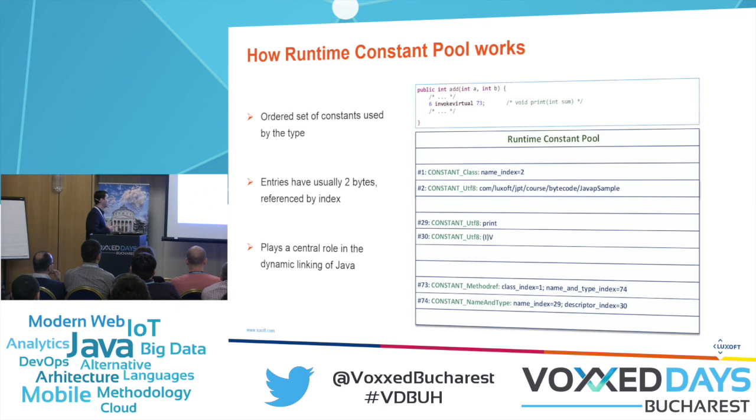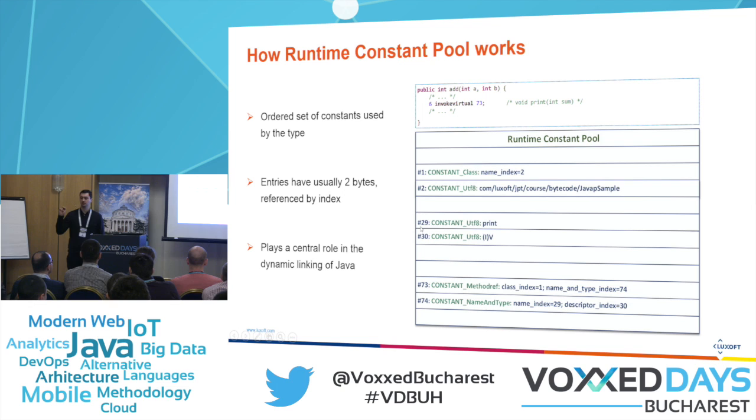It's a symbol table that contains, for example, string literals, integer literals, floating points, references to other fields, methods, and so forth. It is mainly an ordered set of constants used by type, and each entry is stored using 2 bytes. A reference to an entry inside the runtime constant pool is done through the index.